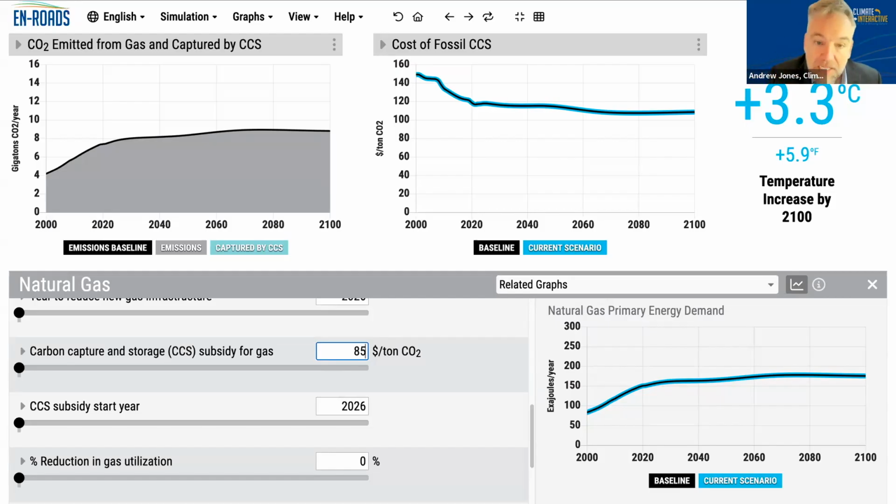However, when we run it globally at this price, this is how much we expect, and most of the other models expect to see. The blue area shows how much gets captured and therefore how much doesn't go into the atmosphere. So what we see is a fairly small amount. Why? It's expensive is reason one.